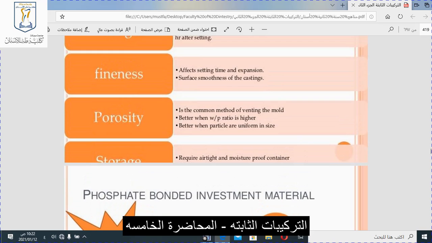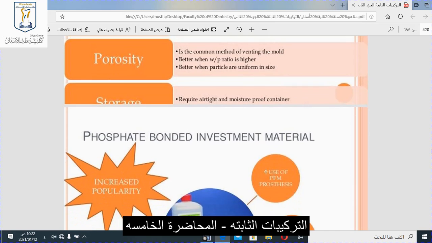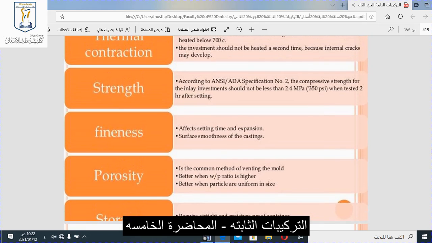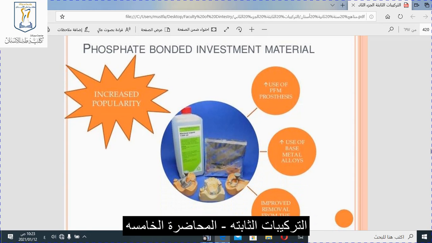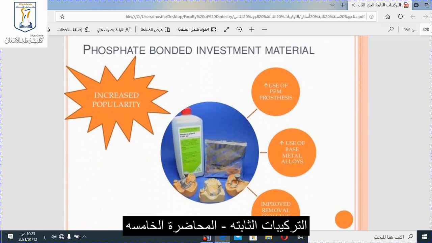Sometimes it leaves bubbling in the mold, and sometimes when we expose it to heat, it will crack in the mold, so it will give fins or porosity. So in the case of water-based investment, we have to avoid this, because sometimes there is bubbling, or sometimes wings or fins will be reproduced in the cast.